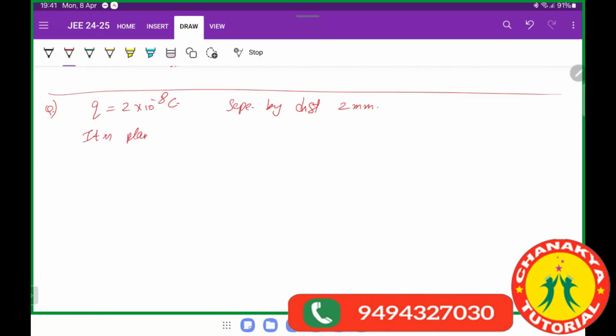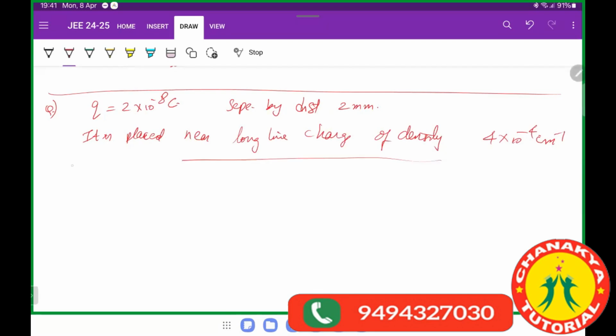It is placed near a long line charge of density 4 into 10 to power minus 4 coulomb per centimeter. Read this line and understand what is given. As shown in the figure, plus Q, minus Q, 2 mm, 2 centimeter.